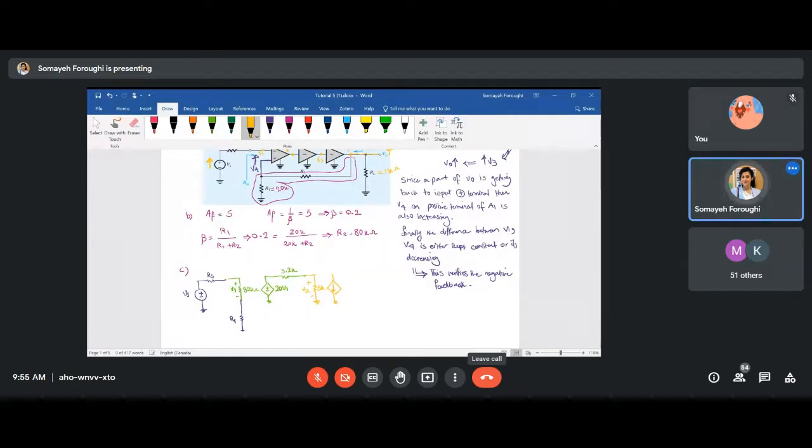And that is 20. The question says that the transconductance current source is 20 milliamp per volt. So it is 20 times V1. Sorry, 20 times V2.